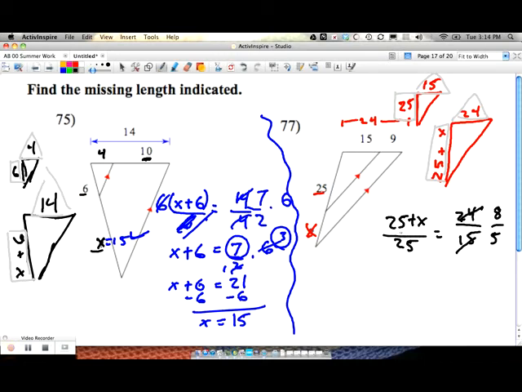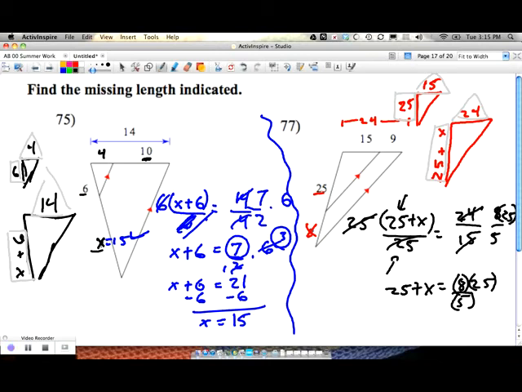So now I have to get rid of this 25 on the bottom. No, I cannot simplify this 25 over 25. That's not simplifiable because it's grouped on top here and you want to obey order of operations. So I'm going to multiply instead by 25 on both sides. Because 25 over 25, that's 1. 25 plus x is going to be 8 times 25. Don't forget the denominator, which is 5.